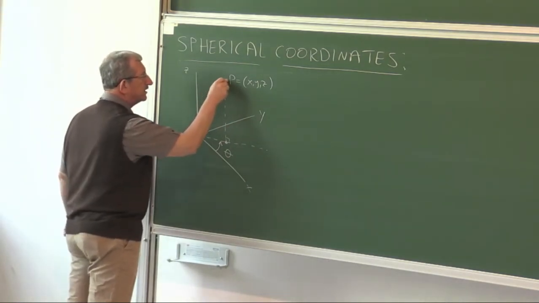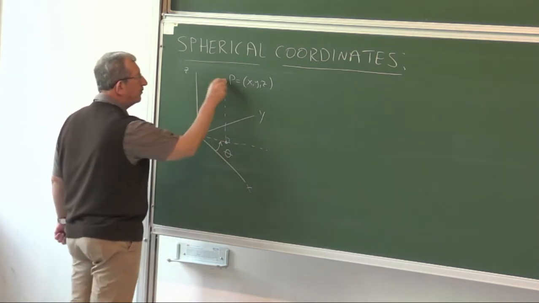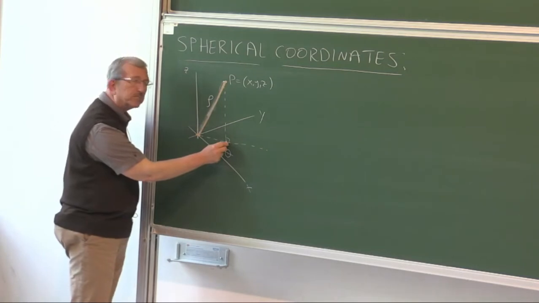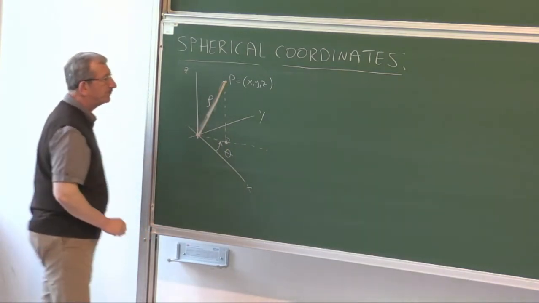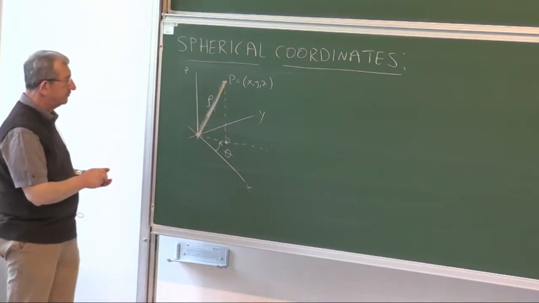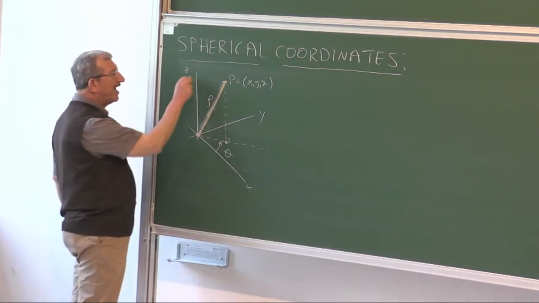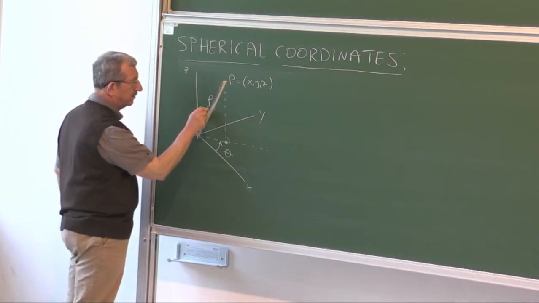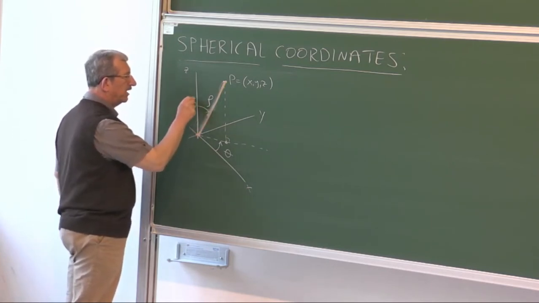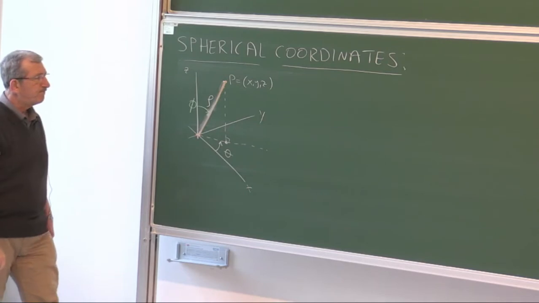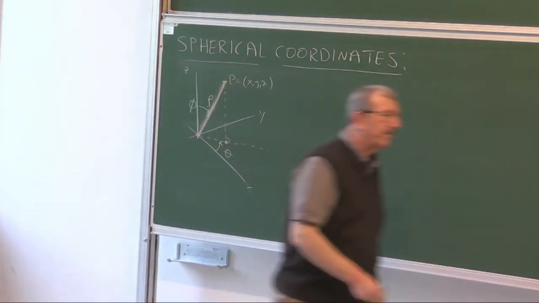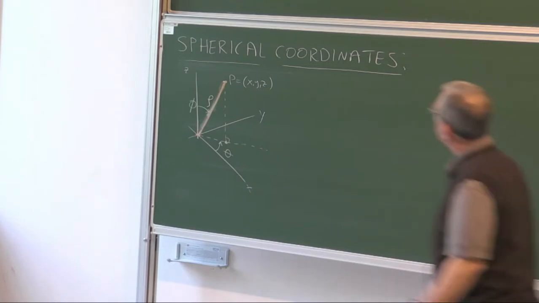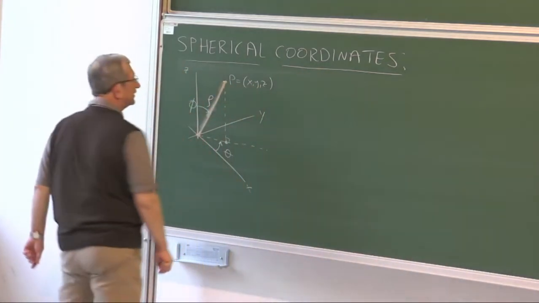Now the distance is from the origin to the point. Of course, this was r in the polar system, but this is different. And finally, we measure the angle from the positive z-axis. Call it the angle phi. So this system of 3 variables, rho, phi, and theta, is called the spherical coordinate system.